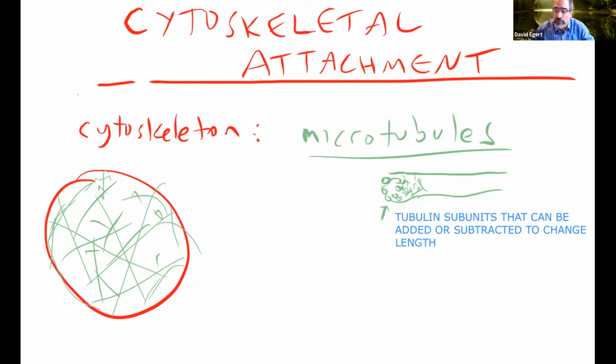You can get rid of them and shorten them. Microtubules are what makes up the spindle in mitosis, right? The things that reach out, grab on to the kinetochores of the chromosomes and pull the sister chromatids apart. Those are microtubules shortening. They're getting long as they grow in. They're shortening as they go through anaphase and pull things out.